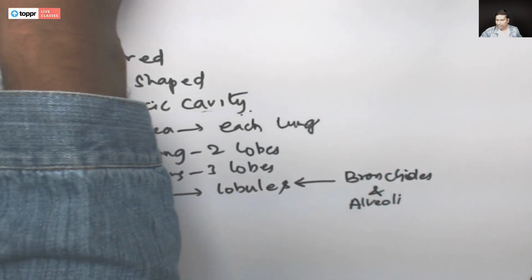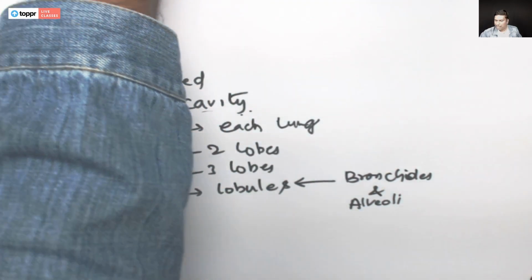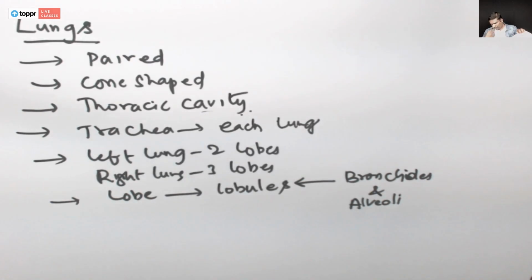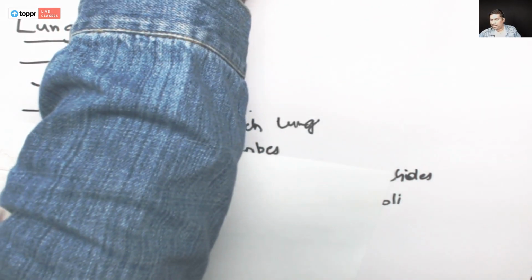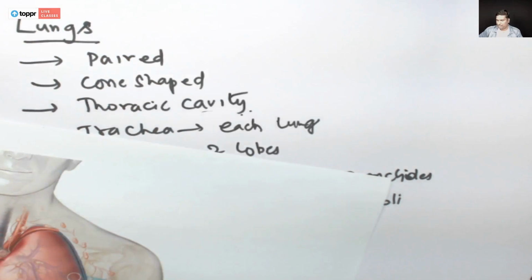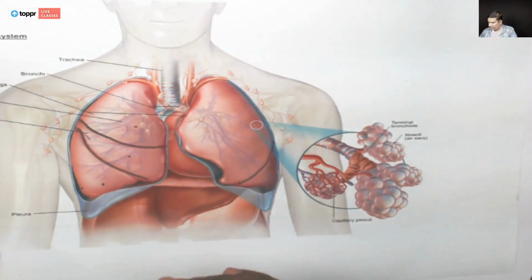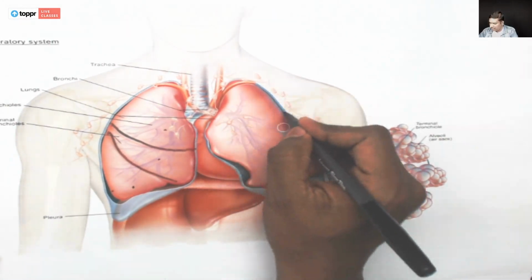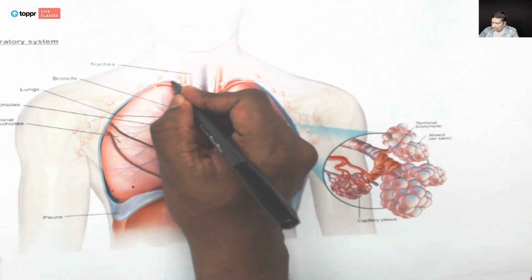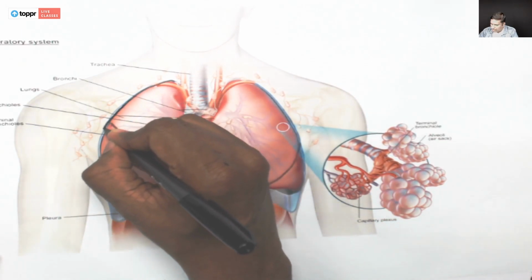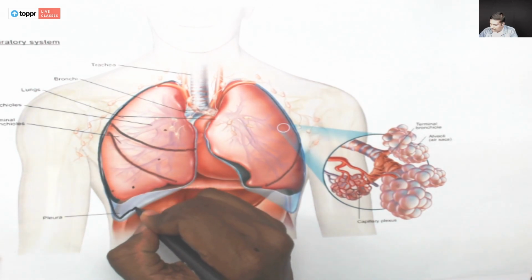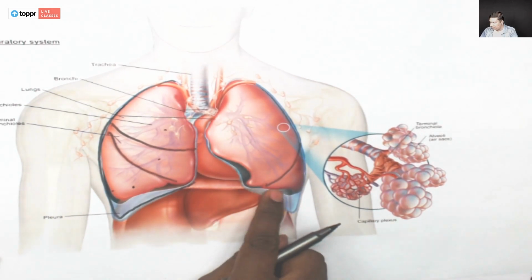Now you will have to understand something here. The entire lung is actually covered with a serous membrane. You can see the blue thing here.